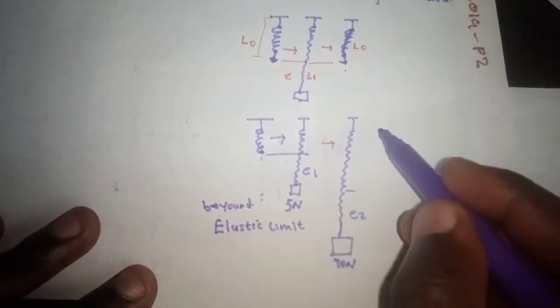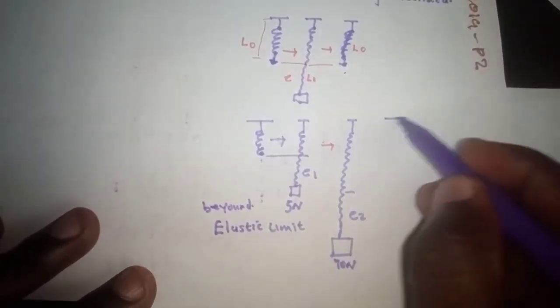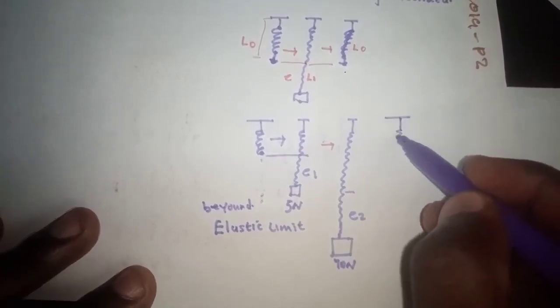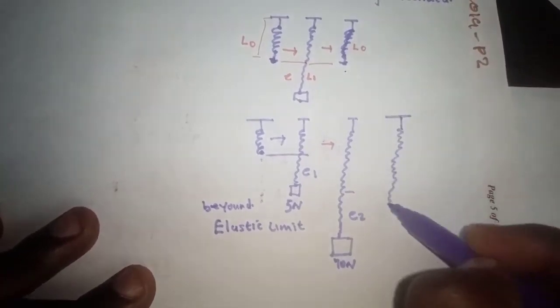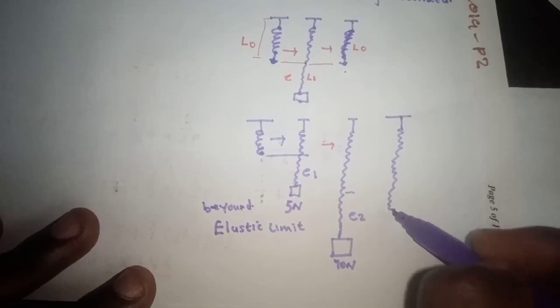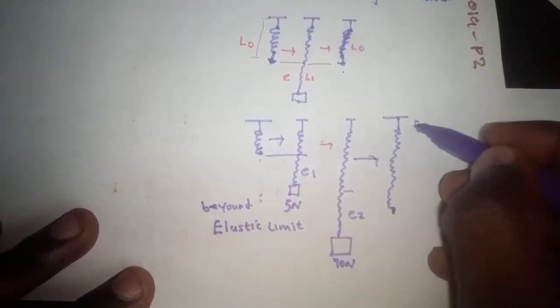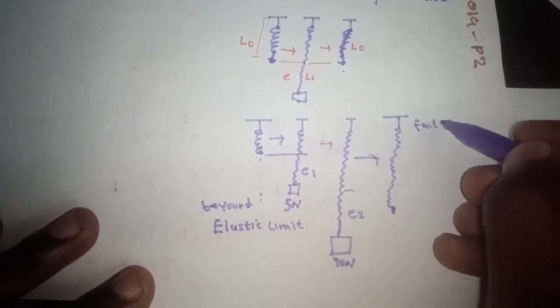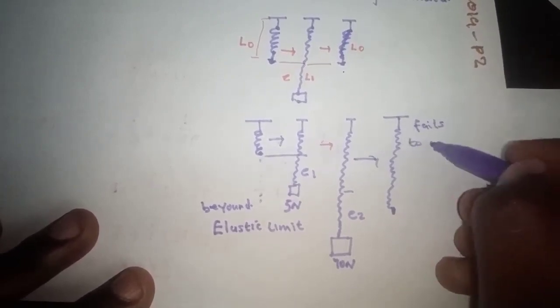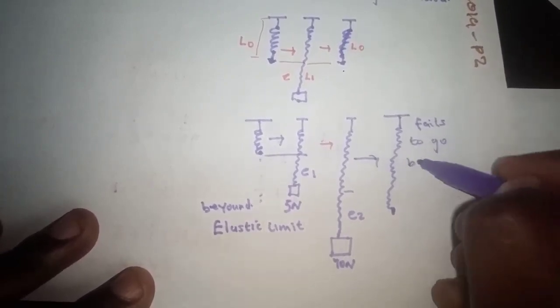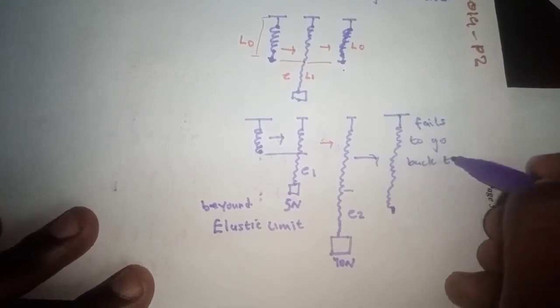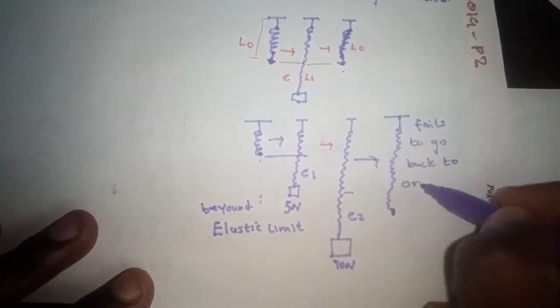So meaning this spring, after you remove the load, instead of going back to its original position, it remains extended, okay. So the spring fails to go back to its original length.